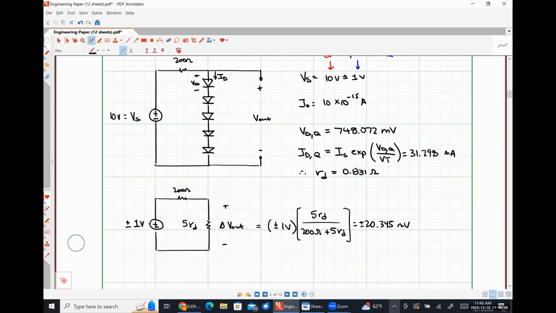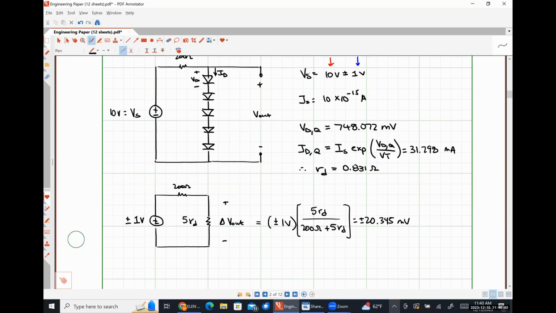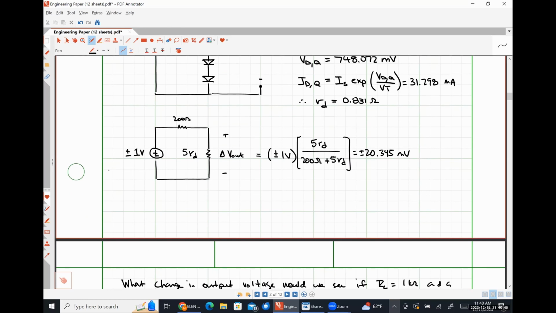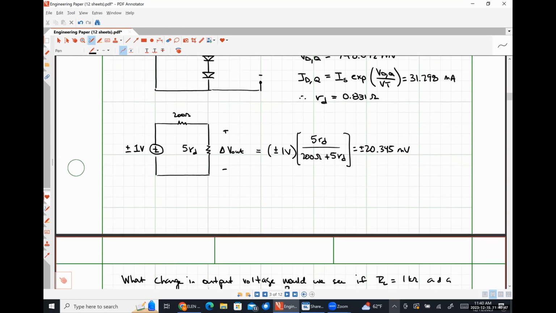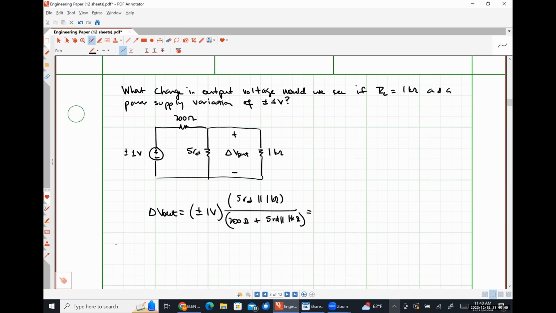No, IS is the saturation current for the diode. So what did you guys get? 20.27? Okay.